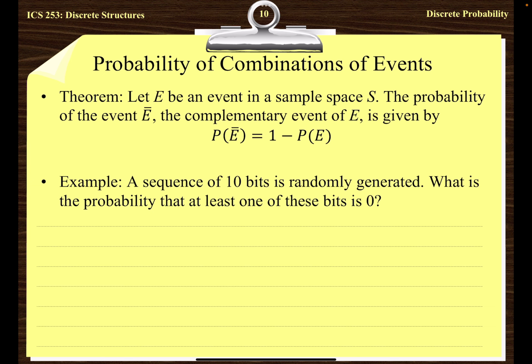So let's write that down. Let E be the event where 10 bits of 1 are generated.